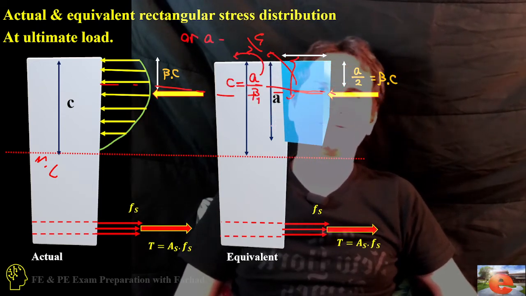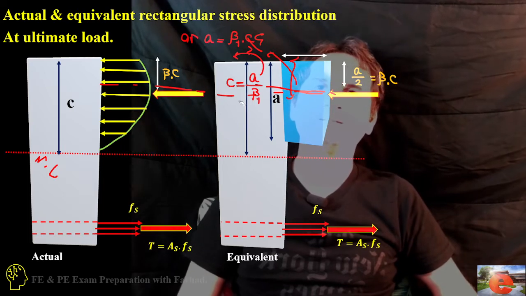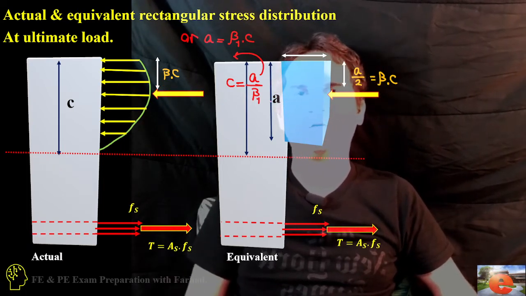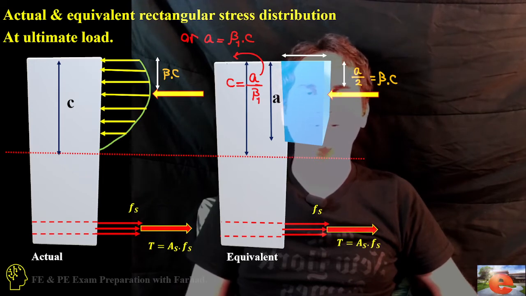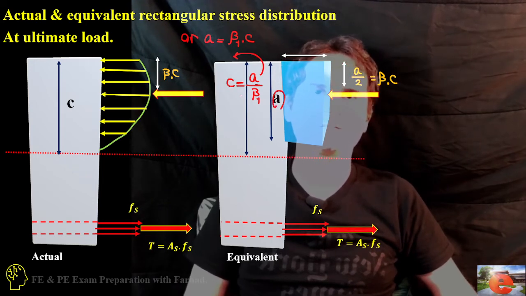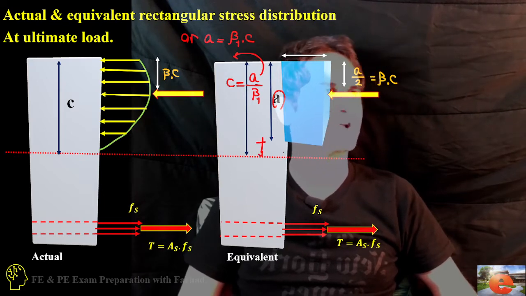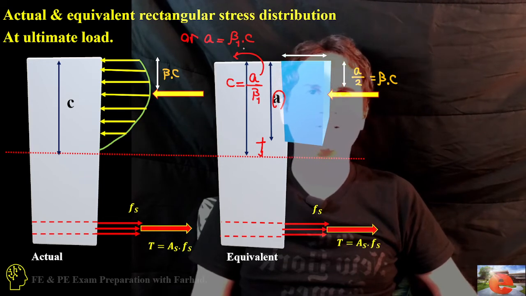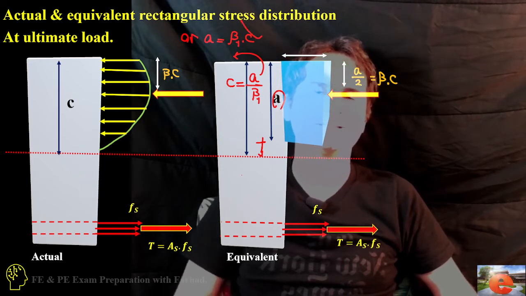Also we know A is a portion of the distance to the centroid. Definitely A is smaller than C. C is all the way to here, but A is maybe 80% of that. So that's beta 1 times C, a coefficient times the distance to the centroid.